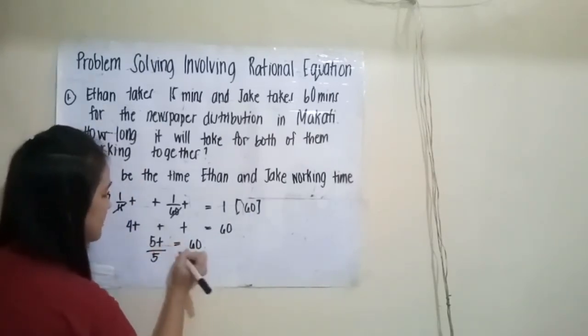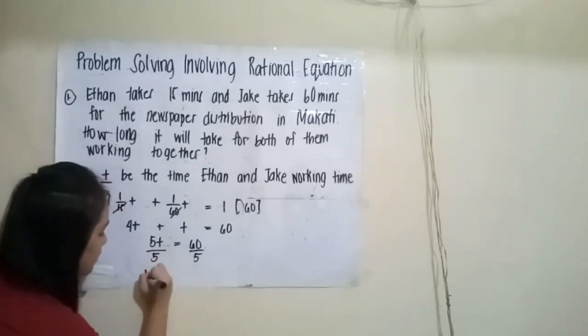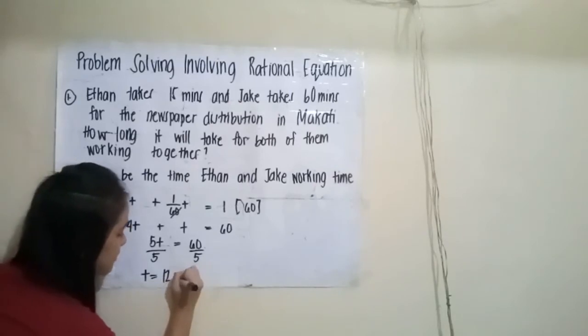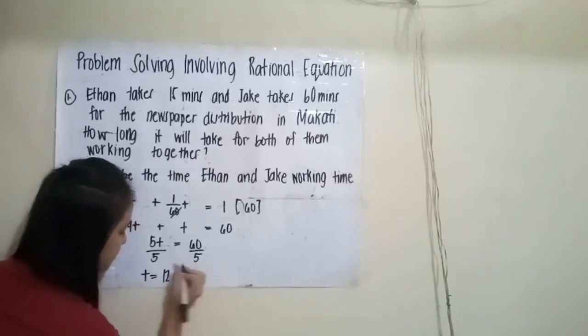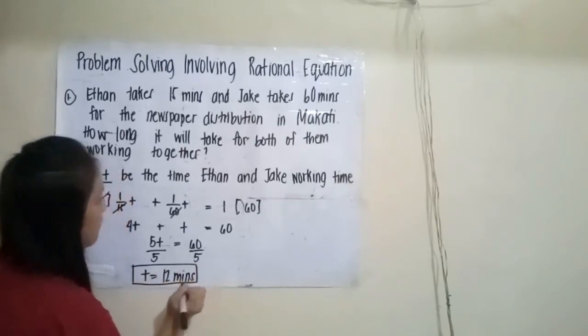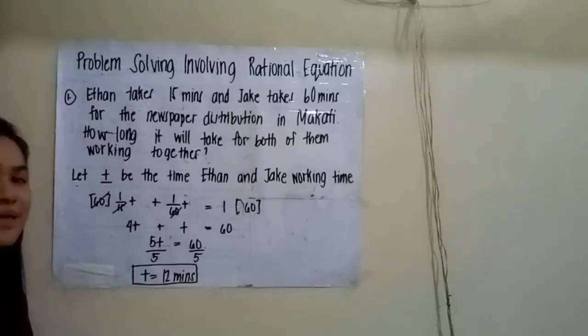Now divide both sides by 5. So our time now will be 12 minutes. So the time that Ethan and Jake will take together is 12 minutes.